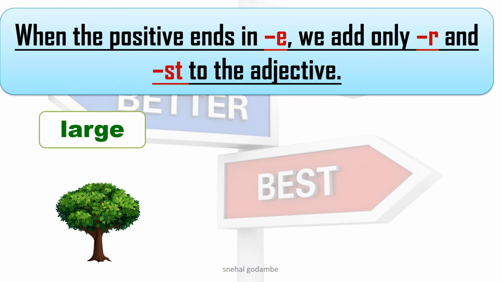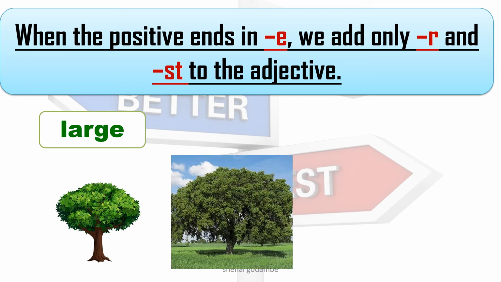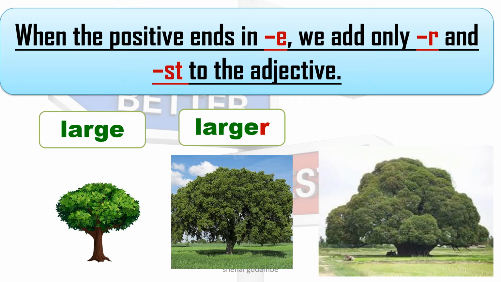So if we want to show the comparative degree, the word is larger. Here L-A-R-G-E, E is already there, so we have just added R. We have not added ER, but just R. And in superlative form, largest.